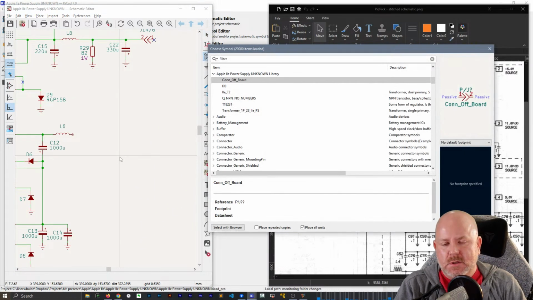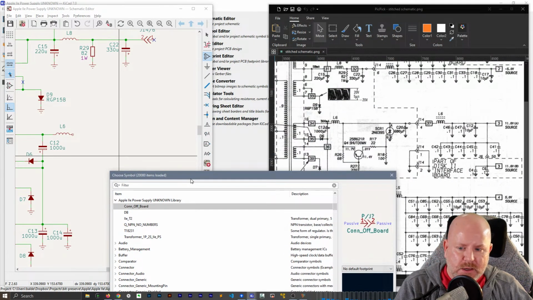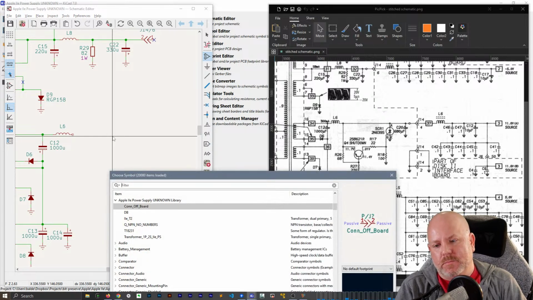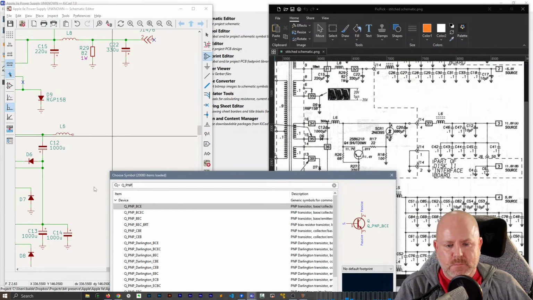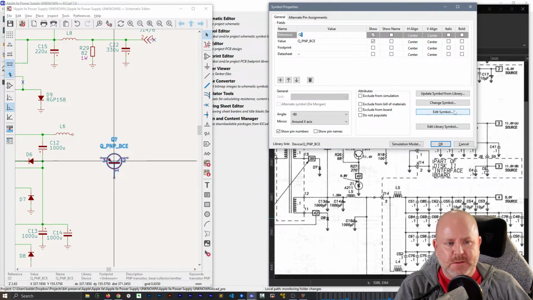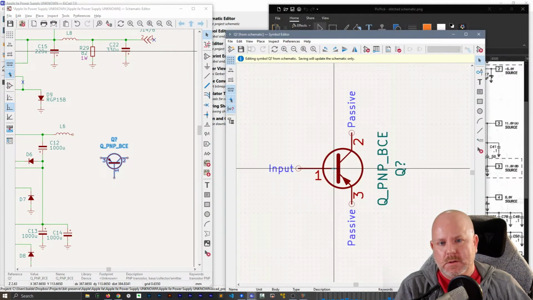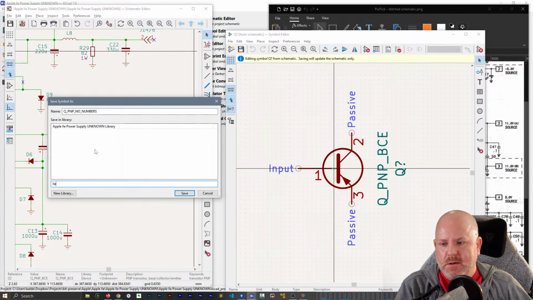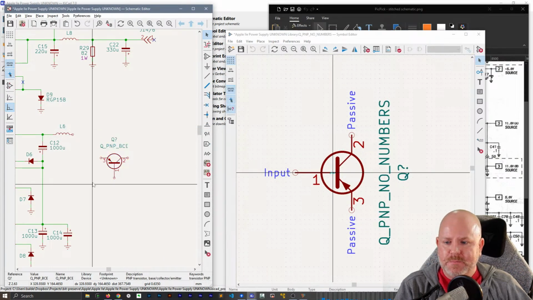So let's do, I want a PNP. And we're going to do the same thing I did before. I'm going to edit the symbol and save this as PNP, no numbers. Then down here, I'm looking for 2N, put it in that library.